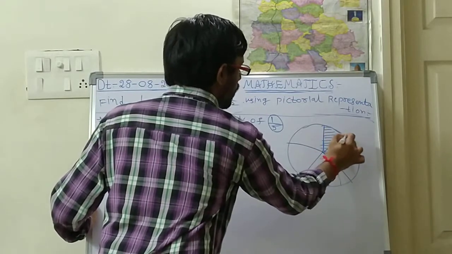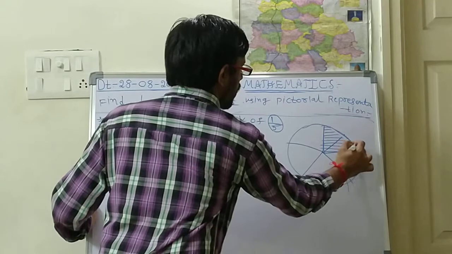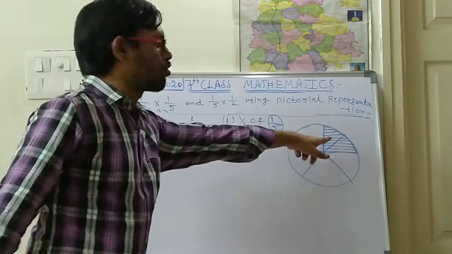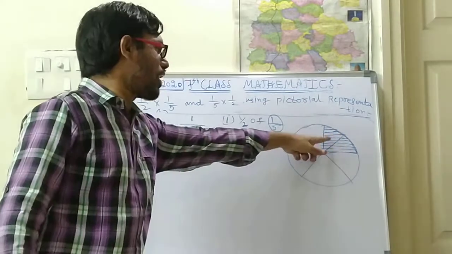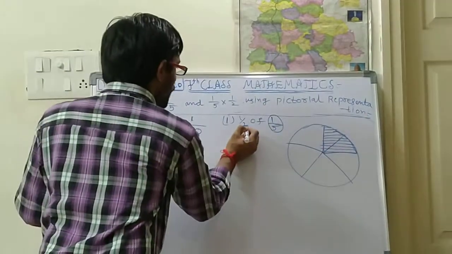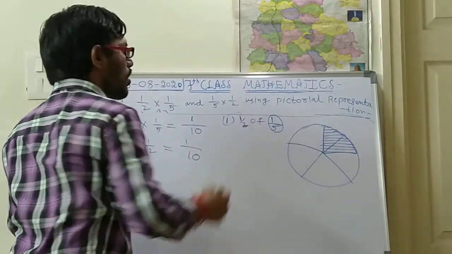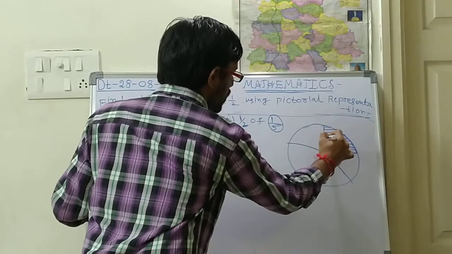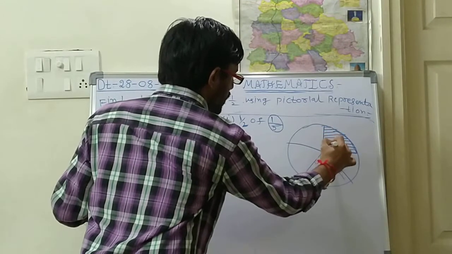Two parts I have divided like this. In these two parts, how many regions do I have to shade? One region. So the upper region we shall shade.